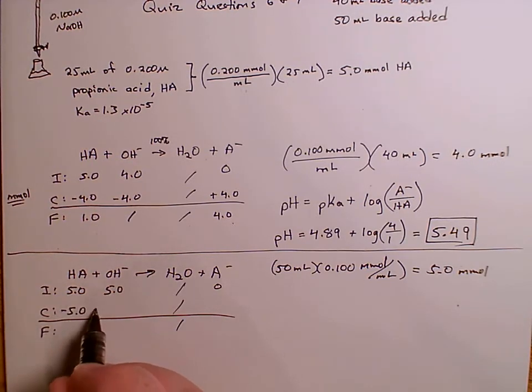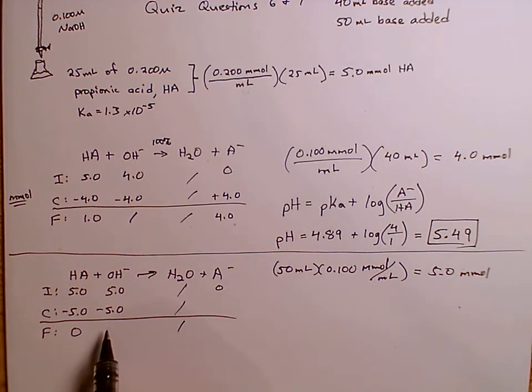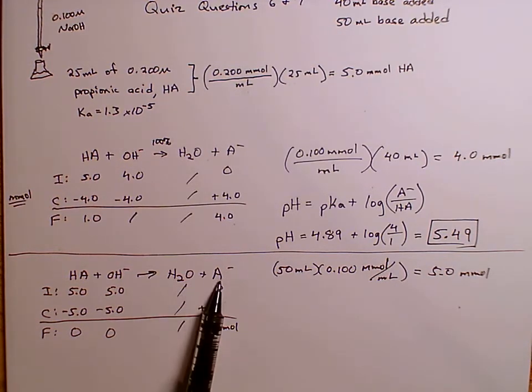We've reached the equivalence point, so we've got no HA left, no OH minus left, because we have 5 millimoles of OH minus, 5 millimoles of HA, and then that gives us 5 millimoles of A minus. Well, which means at this point we've got A minus in water, but what is A minus?